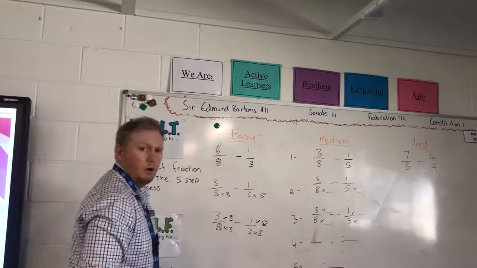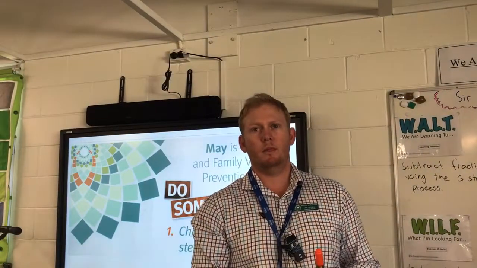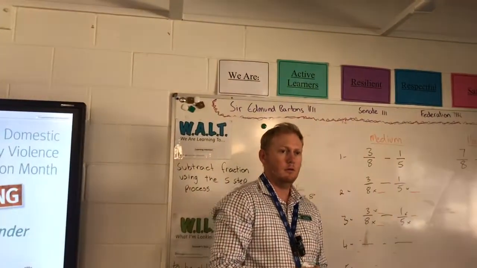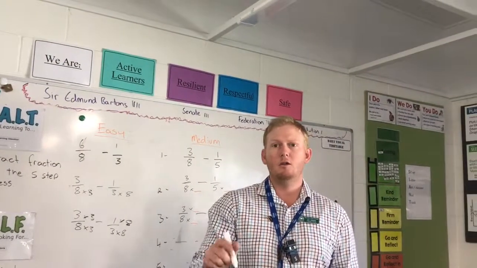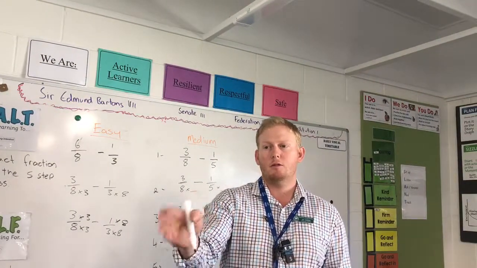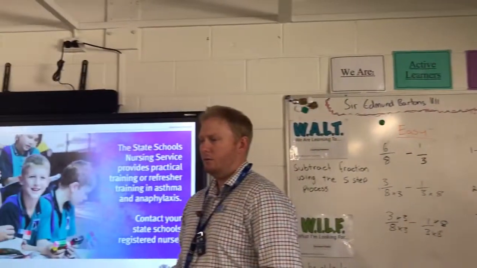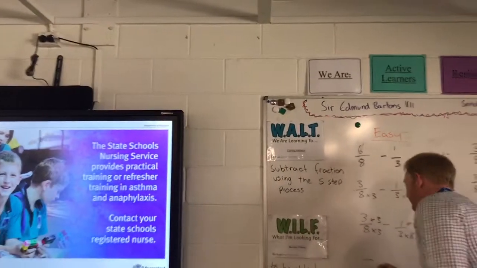Step 4 is going to be what, Sterling? Have a look back in your book if you need to. If you need something to help you out, we can facilitate that. So we might have Silka help us out. What's step number 4? Rewrite. That's going to be your task now.